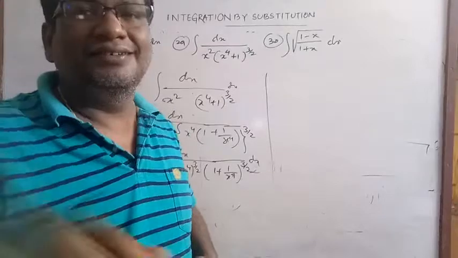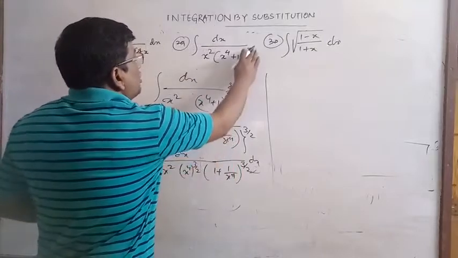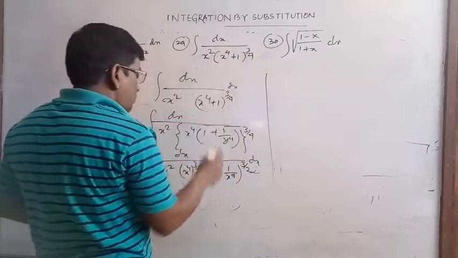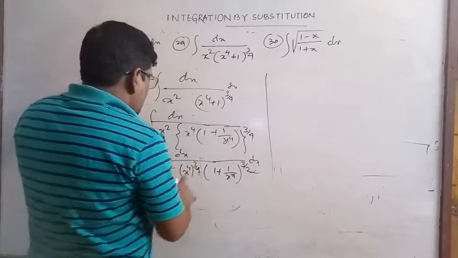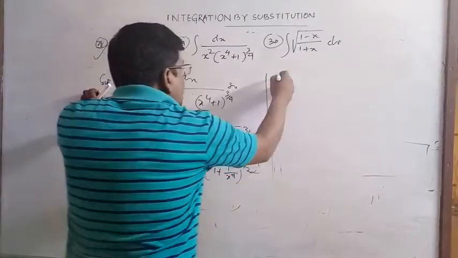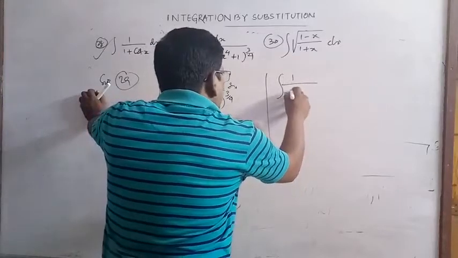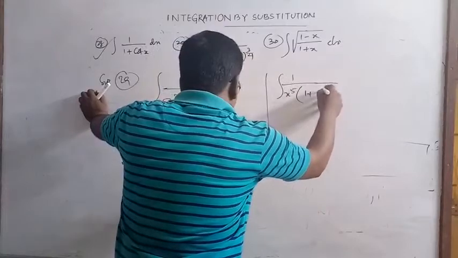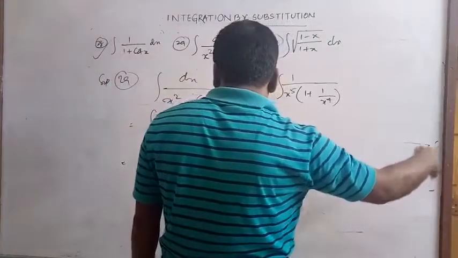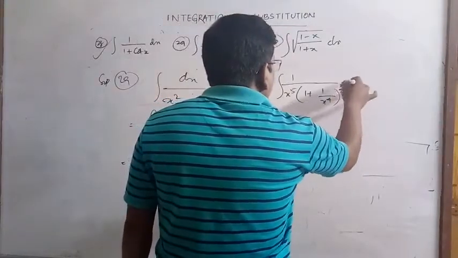So the power is 3 by 4, and this is equal to, after cancelling, the integral of 1 by x to the power 5, into (1 plus 1 by x fourth) to the power 3 by 4 dx.